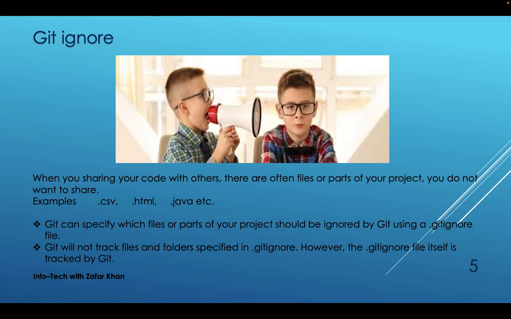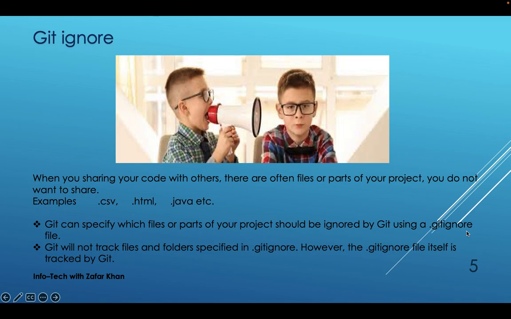Okay, so how will you do that? Git can specify which files or parts of your project should be ignored by Git using a .gitignore file. So basically we will create a .gitignore file.